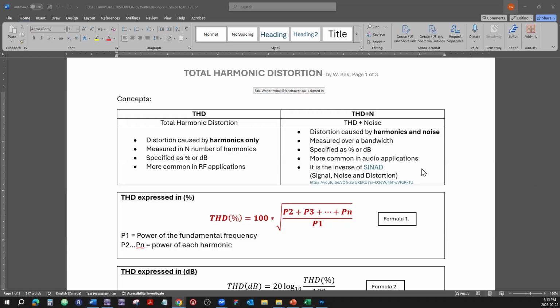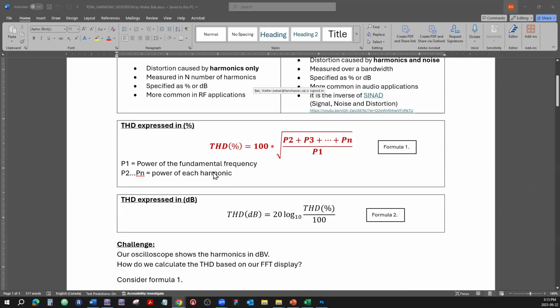All right. Now, what we're concentrating on is the THD, total harmonic distortion, and it's more common, more useful within the radio frequency RF applications. Now, if you want to express the THD in percentage, here's the formula.